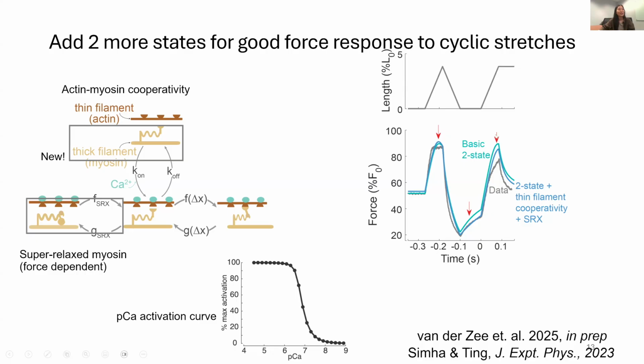And then we are interested in reproducing these subtle differences in the force development. But depending on your problem, you may not need the three-state model, or you may need a five-state model, right? So it all depends.